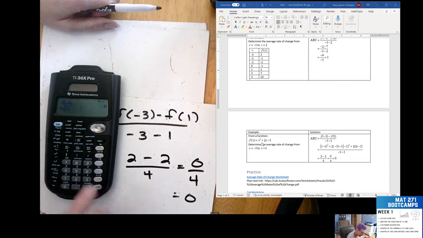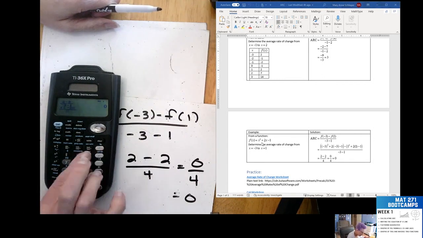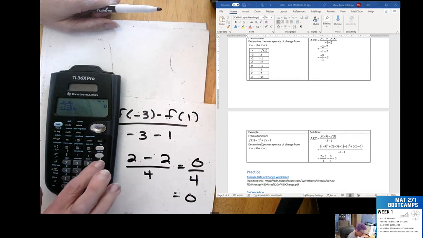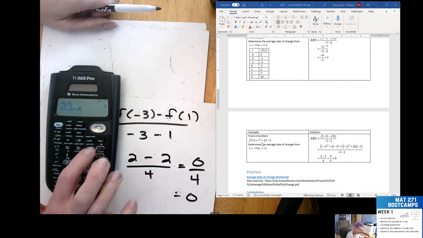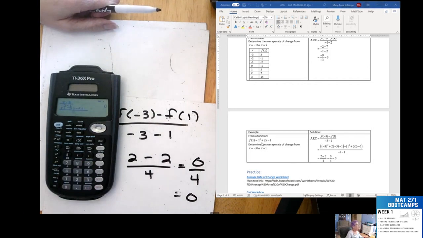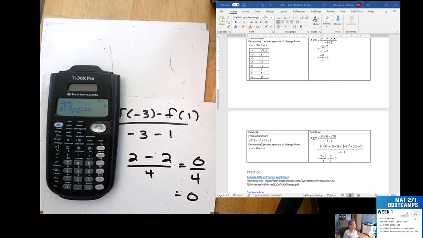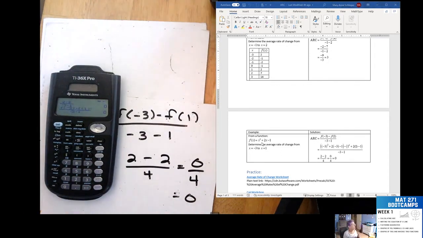Now it says f of negative 3, close that set of parentheses, minus table, enter, f of 1, close that set of parentheses, arrow down, negative 3 minus 1. And now my calculator does all the work, and I don't have to remember what f of negative 3 was. And it gives me my answer.